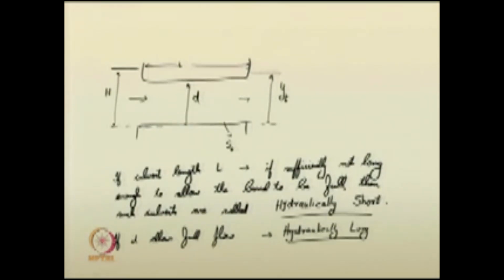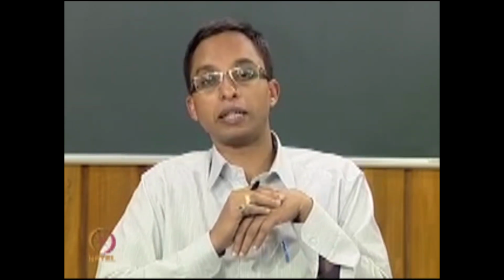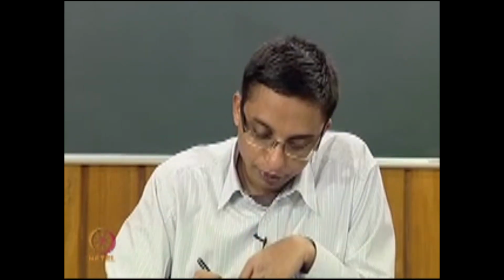So, these are the two main classifications. The flow in a culvert can be hydraulically short or hydraulically long. From these two classifications, we can suggest the criteria: how the flow in a culvert becomes hydraulically short, or how it becomes hydraulically long.